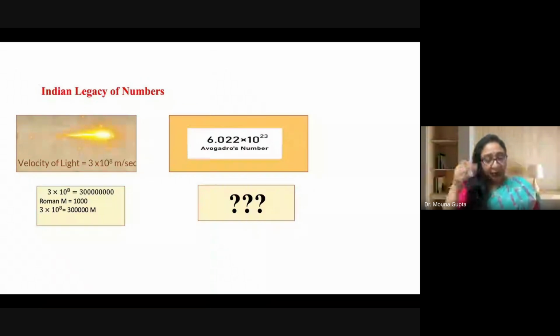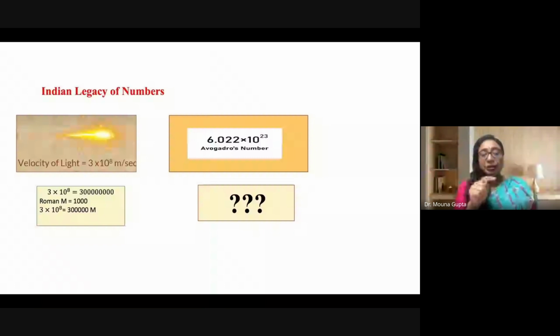We write I, II, and then for 5 we write V, and then we have C for 100, and then we have M, which is for 1000. And Romans have this M as the highest number, that is 1000 only, which is 1 followed by 3 zeros.